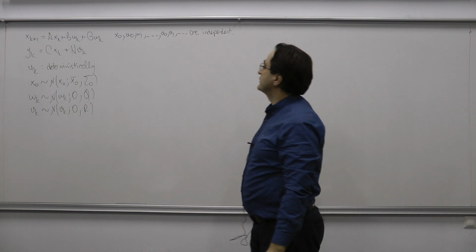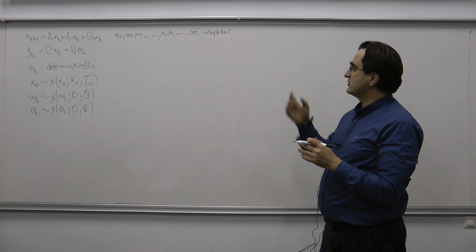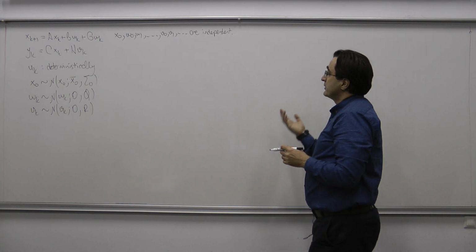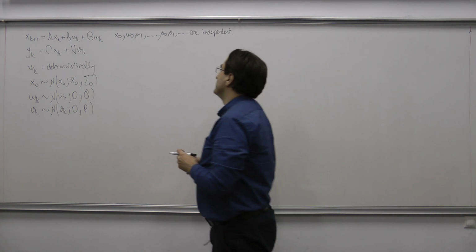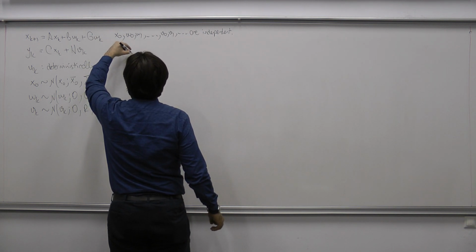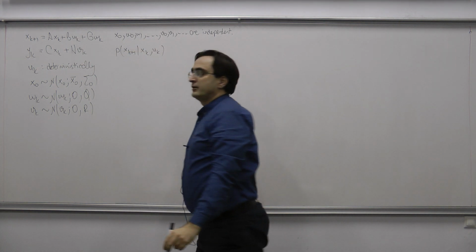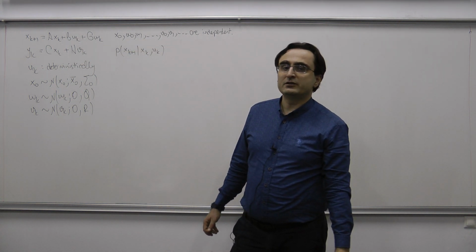So we had these assumptions on the system. And under these assumptions, we can calculate if the system has Markov property, and we can calculate these transition probabilities. So we have seen so far the following distributions: p of x_{k+1} given x_k, u_k. This was the one-step transition PDF.